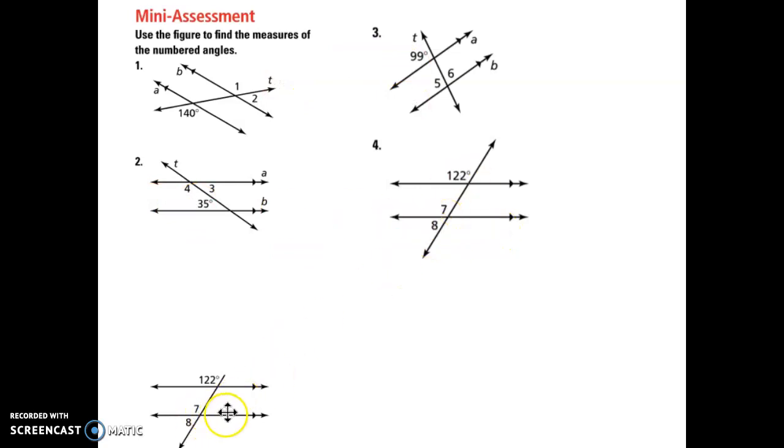I think this is redundant to 4. Excuse my work there. But go ahead and do that mini assessment. So use these figures to find the measure of the numbered angles. Do all 4 of these, and I'll see you on the next slide with some answers.